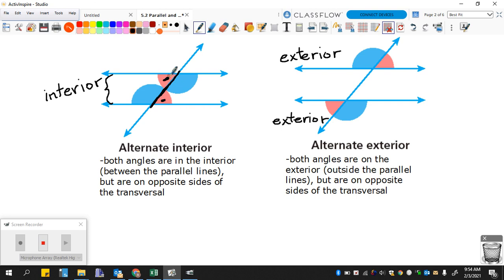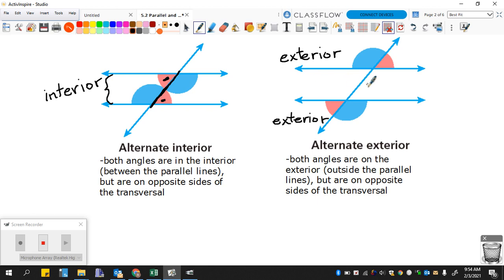They're both on the interior and on opposite sides, or alternate sides, of the transversal. So these are called alternate interior. The red ones are alternate interior, and the blue ones are also alternate interior because they're also on opposite sides of the transversal and they're on the interior of the parallel lines.